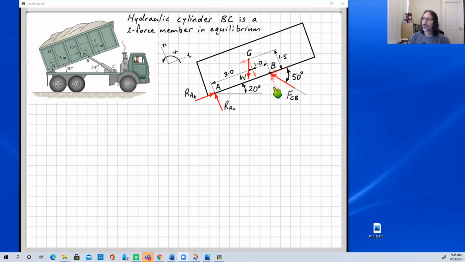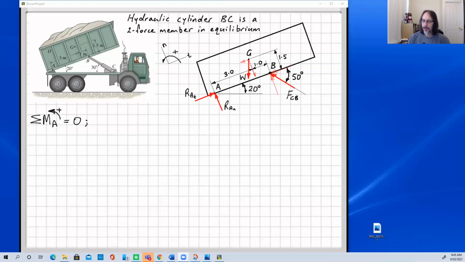I've drawn a component normal, or perpendicular, to the bottom of the dumpster, so in the normal direction, and I've got one in the tangential direction. As usual, when we're doing equilibrium problems like this, it's usually most convenient to start with a moment equation, because we can usually work out a location to take moments about that enables us to find one of our unknowns straight away.